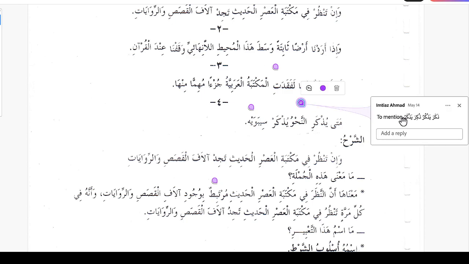And then here is another example, mata yuzkarun nahwu yuzkar sibawai, when grammar is mentioned, Sibawai is mentioned. So zakara yazkuru means to mention. This is the active form, and the passive form is zakara changes to zukira, and yazkuru changes to yuzkaru.